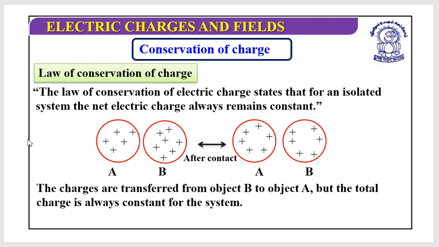So next let us come to the next property, that is the conservation of charge. Now, very first thing, what do you understand by conservation? What do you think of it? What does conservation mean? When we say something is conserved, what comes to your mind?